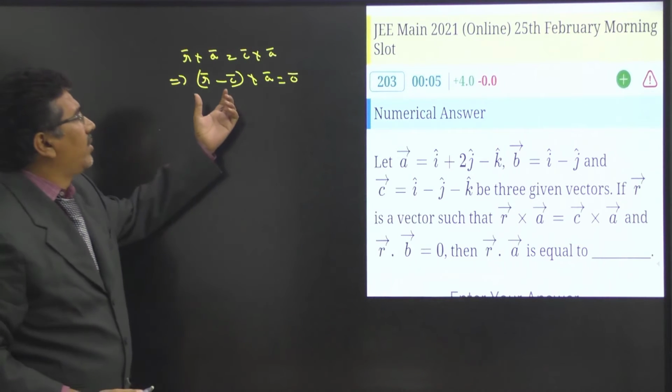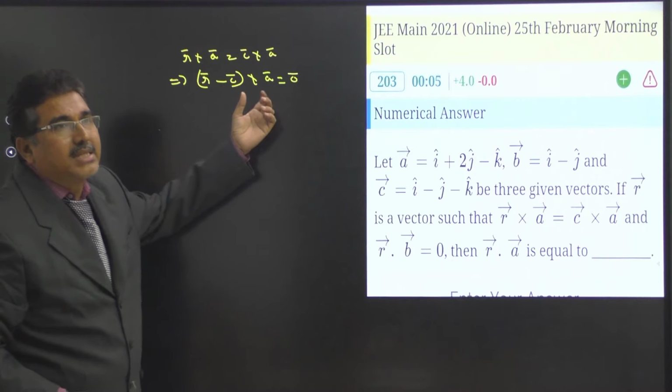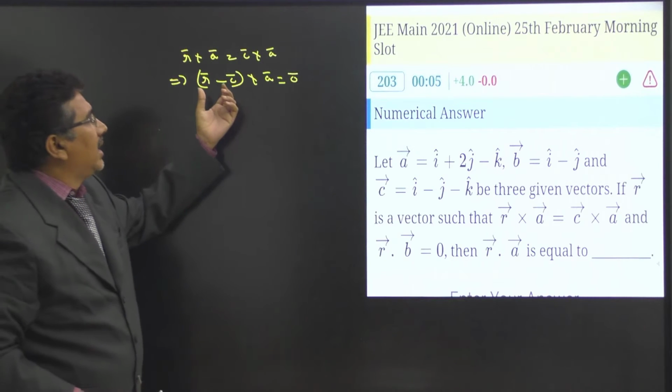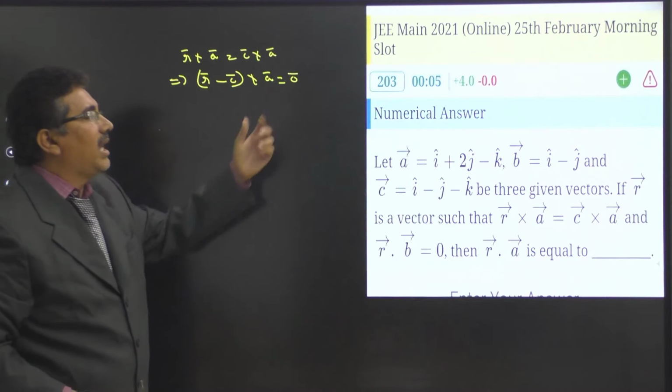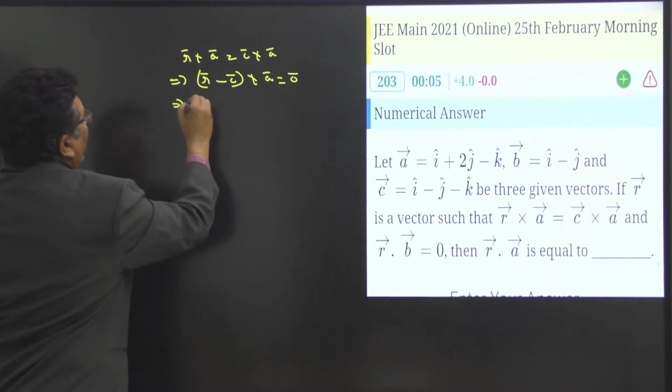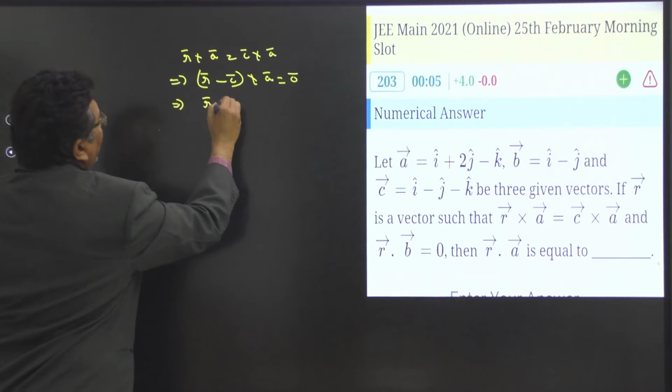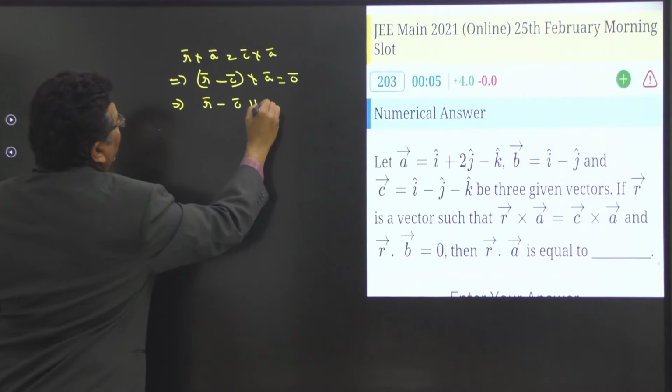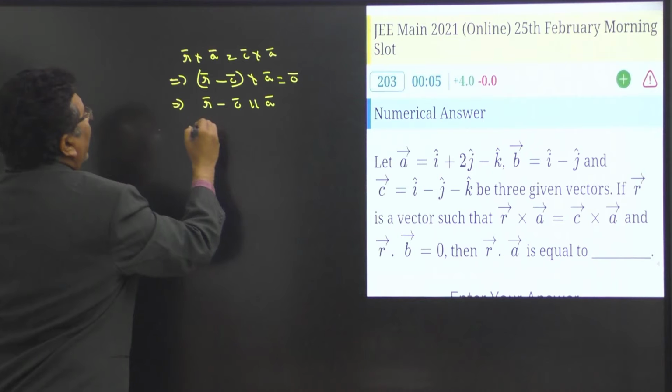Cross product of two vectors is 0 bar, then these two vectors are parallel. That implies r bar minus c bar is parallel to a bar.